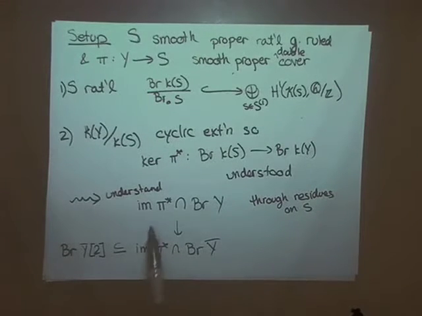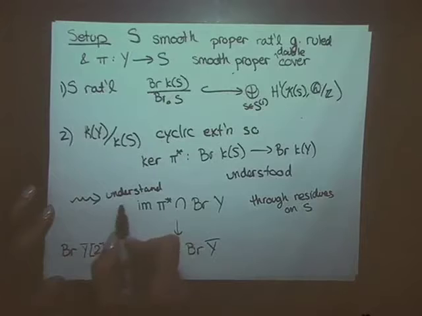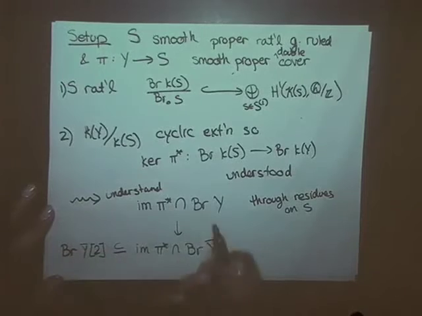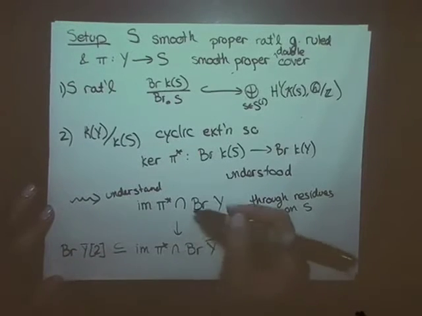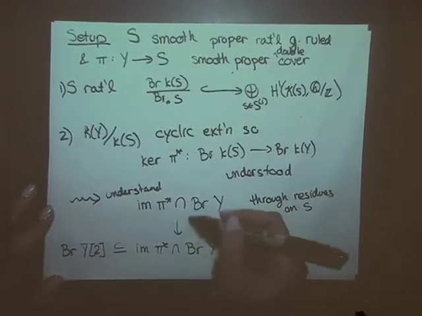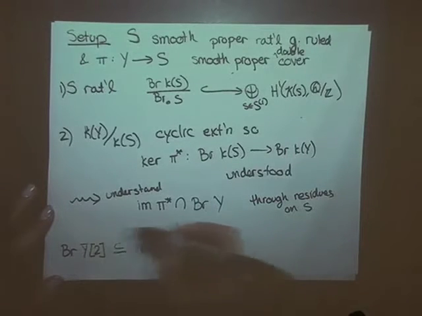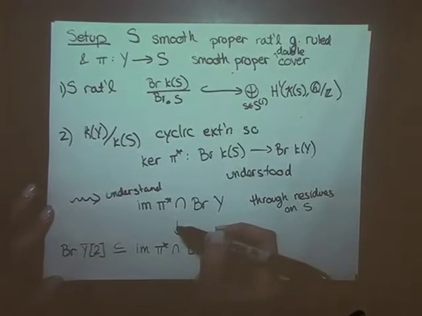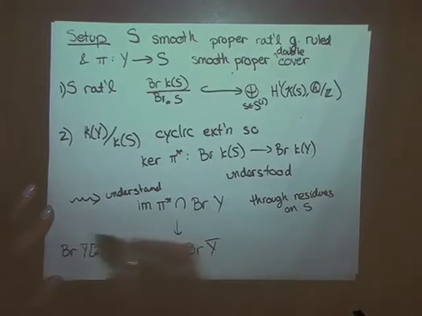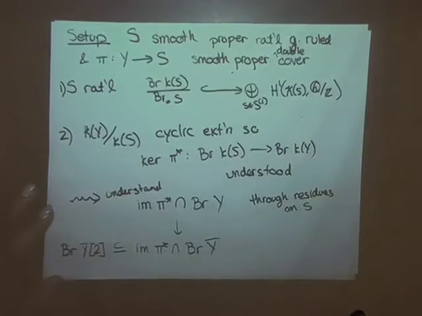Not necessarily, these classes may not all descend, but if I make some intermediate extension, any given class will be defined over some finite intermediate extension. So I can study at some finite level and view whichever class I want in terms of residues on S.